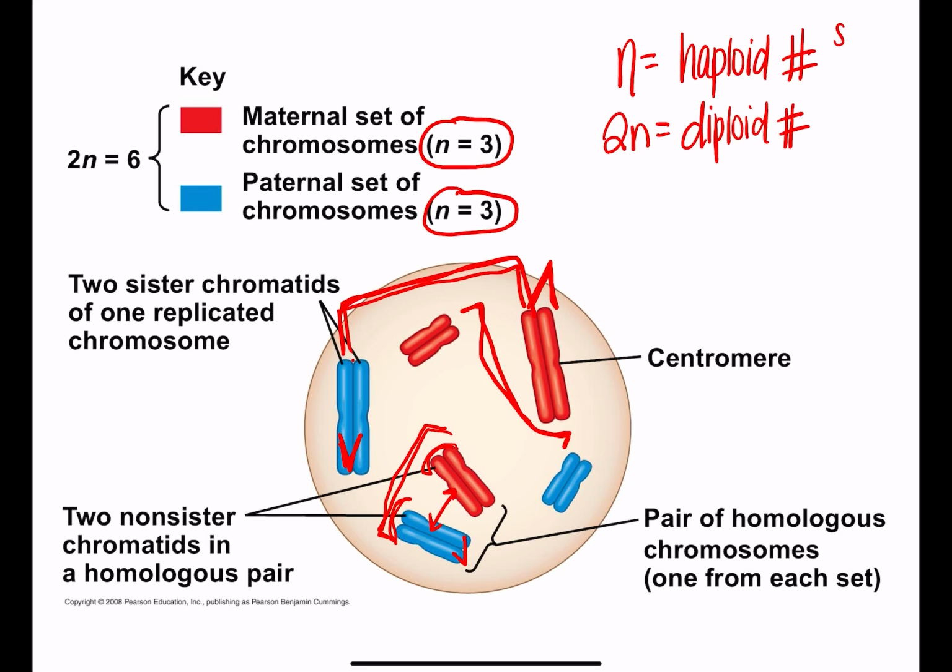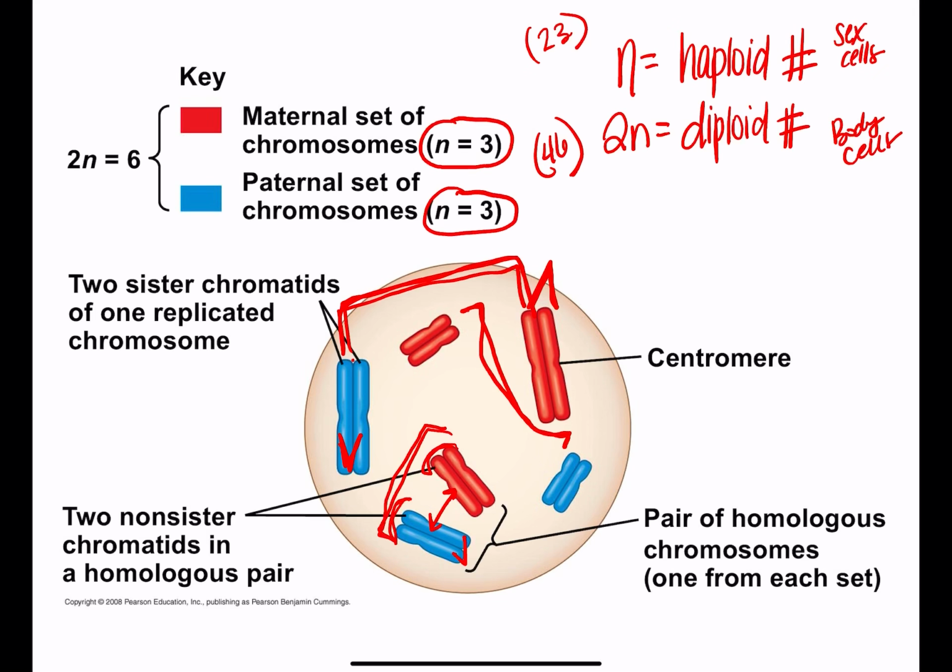The haploid number is how many are in the sex cells, okay? Our haploid number is 23. We have 23 chromosomes in our sex cells, in our sperm and in our eggs, okay? Our diploid number is 46. That's how many are in our body cells, okay? The full number of chromosomes. The haploid number is half the number of chromosomes.